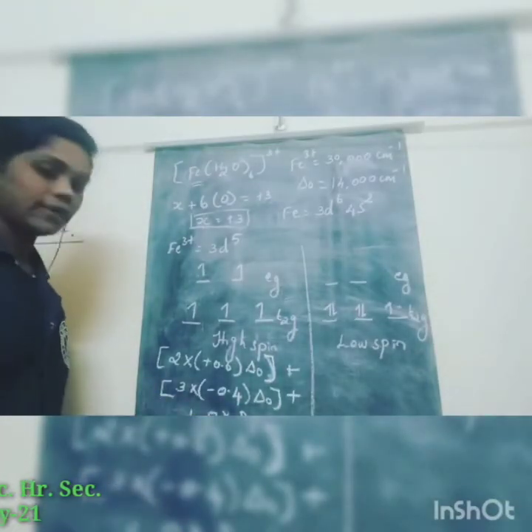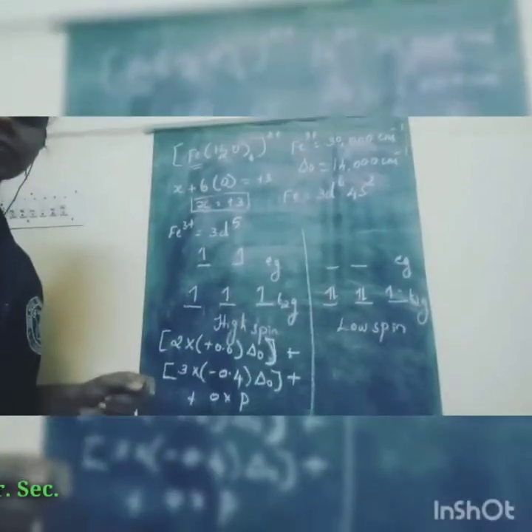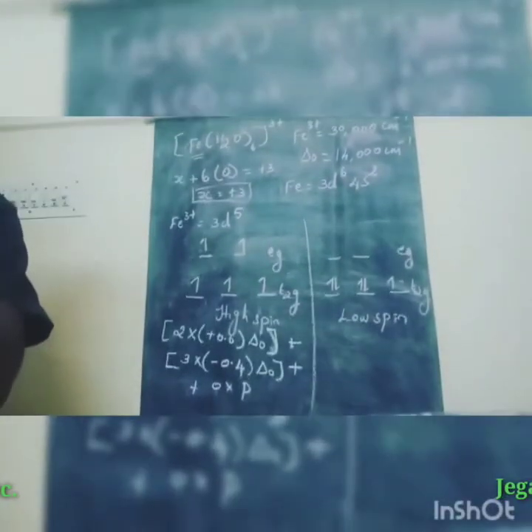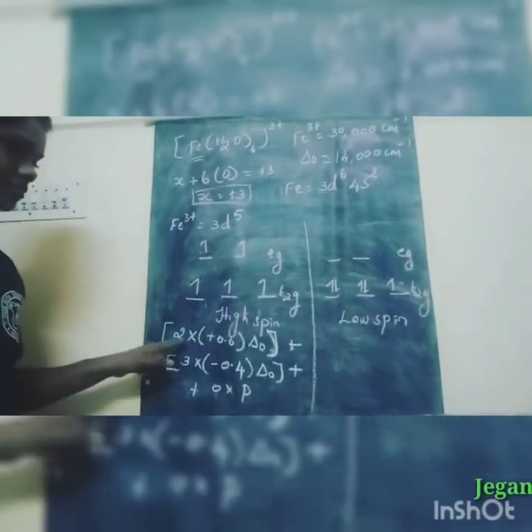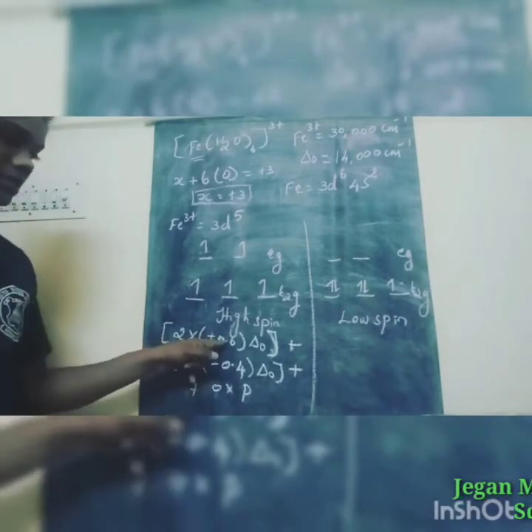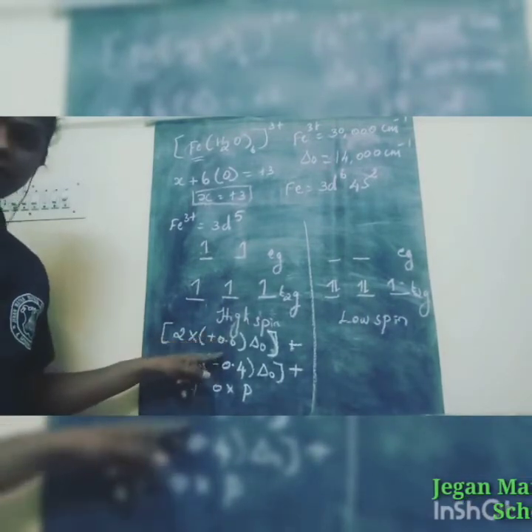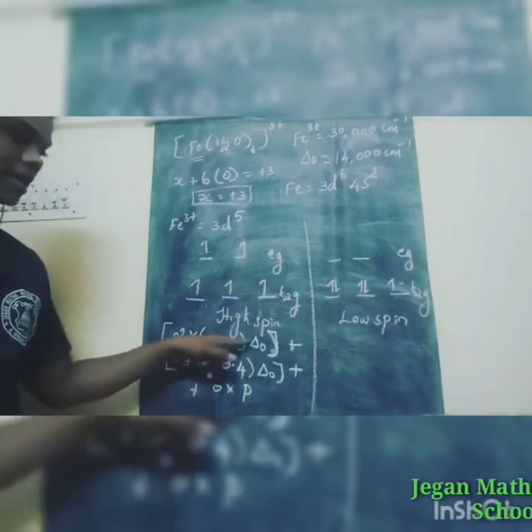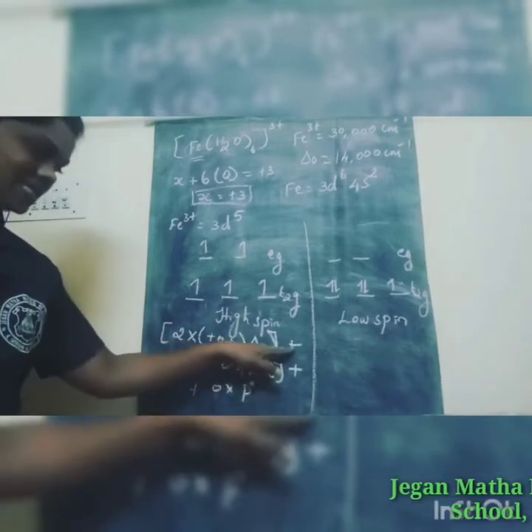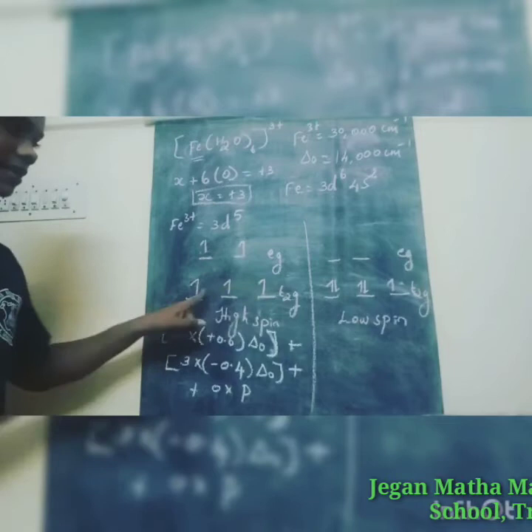So once again, first 2 into, so this is for the eg set value, that is 0.6 Δ octahedral, plus here t2g set 3.